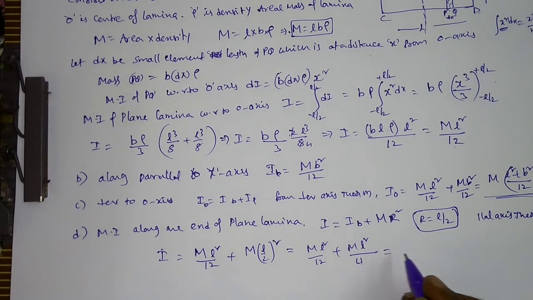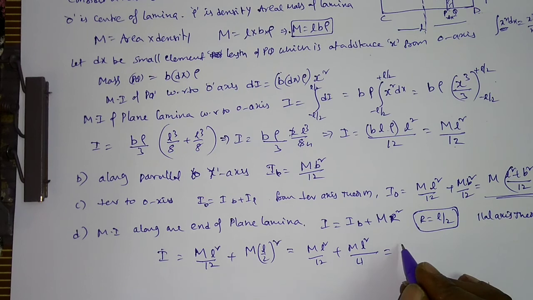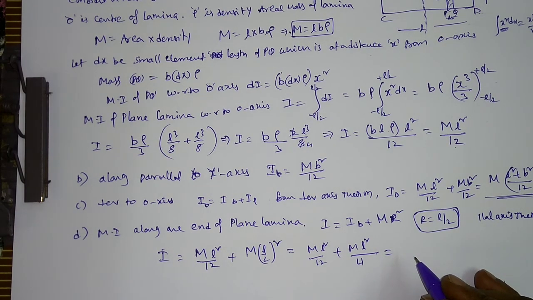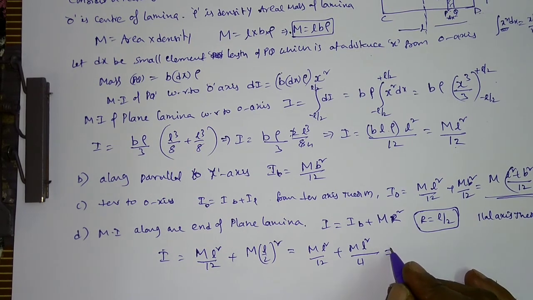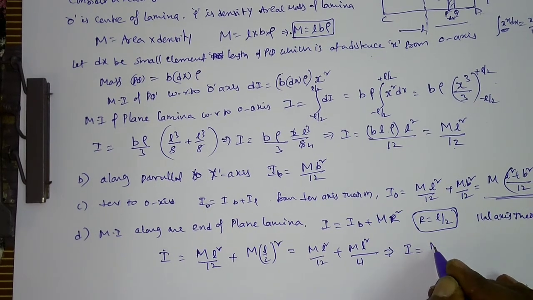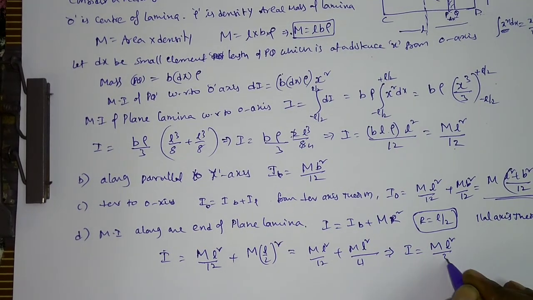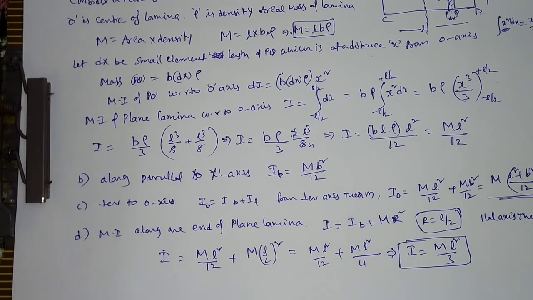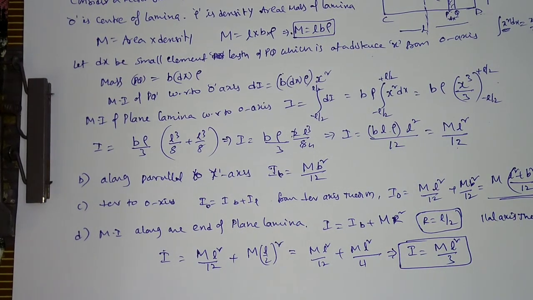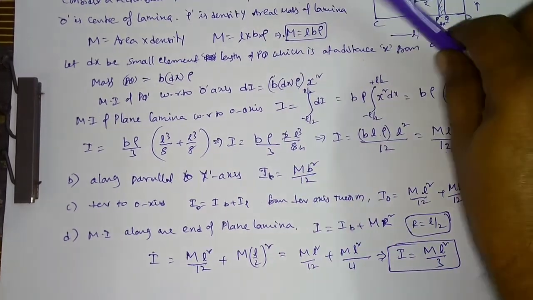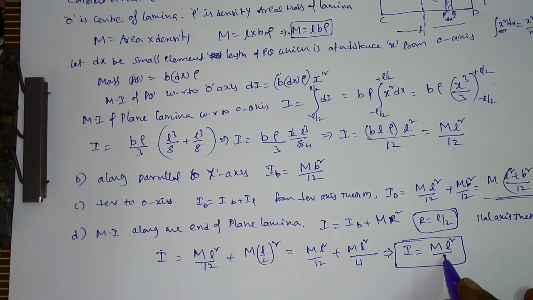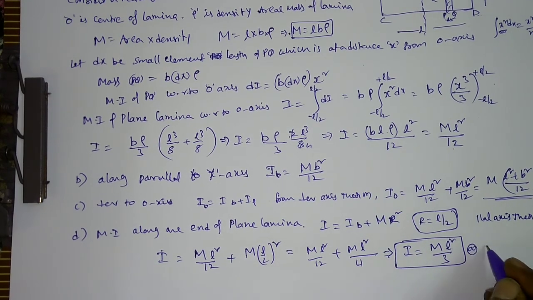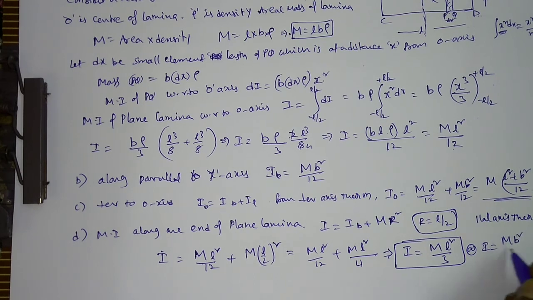By simplification, 1 by 12 plus 1 by 4, that is 12 by 4, that is 3. That means simply I is equal to ML square by 3. This is the formula about one end of the plane lamina, here or here, whatever it may be. This is for lengthwise. If it is breadthwise, you can use I is equal to Mb square by 3.